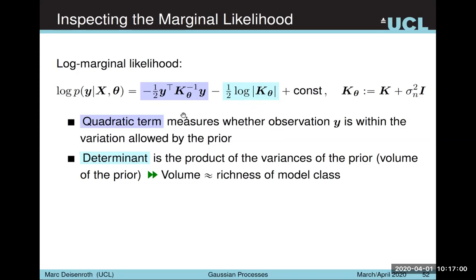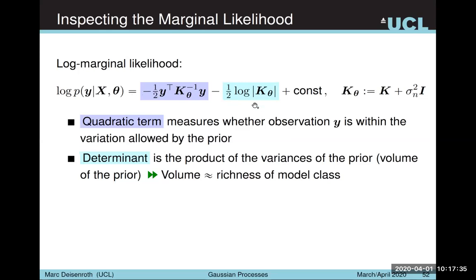If we want to maximize the log marginal likelihood, maximizing the first term means bringing this term as close to 0 as possible. Because the y transpose k inverse times y term is non-negative, we have a minus in front of it, so this will always be smaller or equal to 0. And so getting this as close to 0 as possible is the idea.